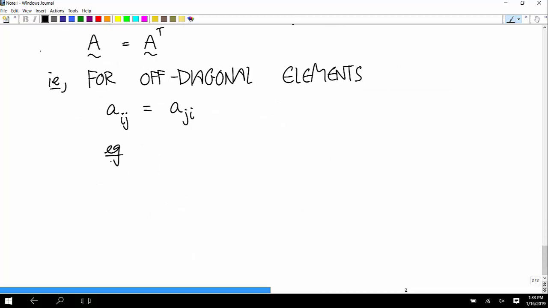So for example, this is the one that I said has to be kind of like a mirror image of itself across the diagonal.